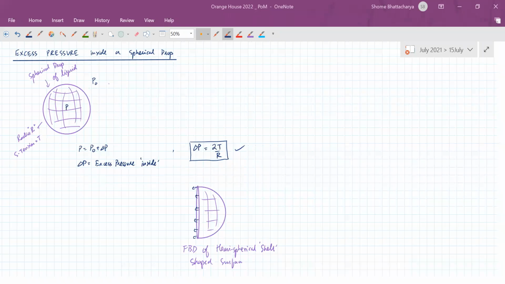It's experiencing force like this because of internal pressure, and then it's also experiencing forces like this at the outer surface because of the external pressure.